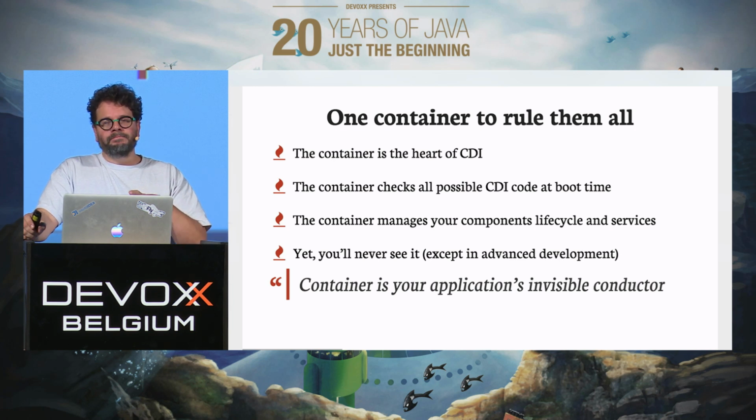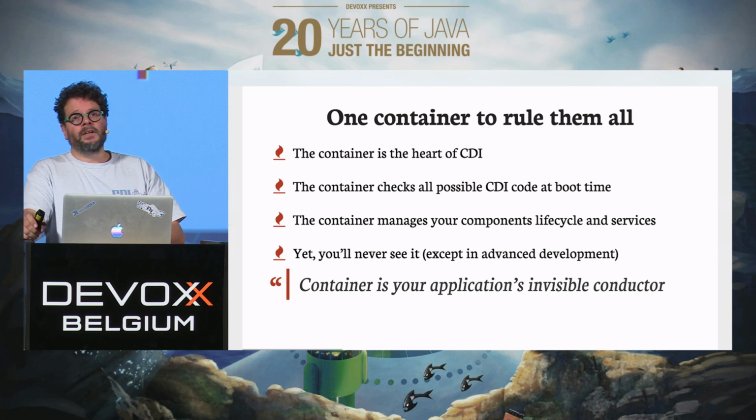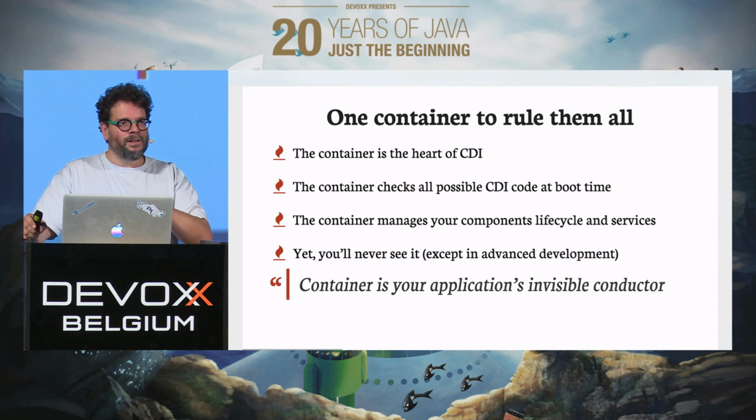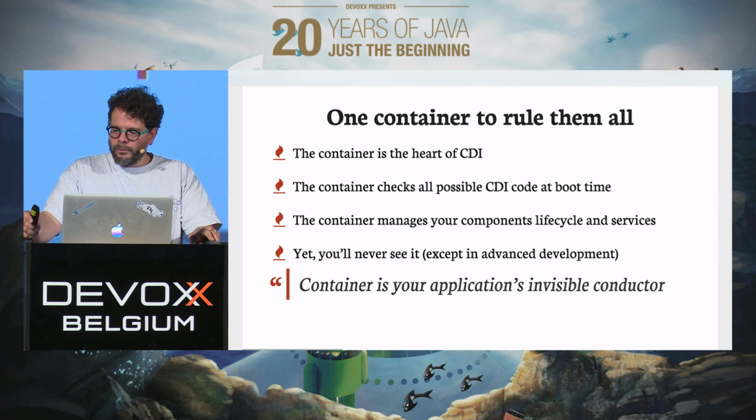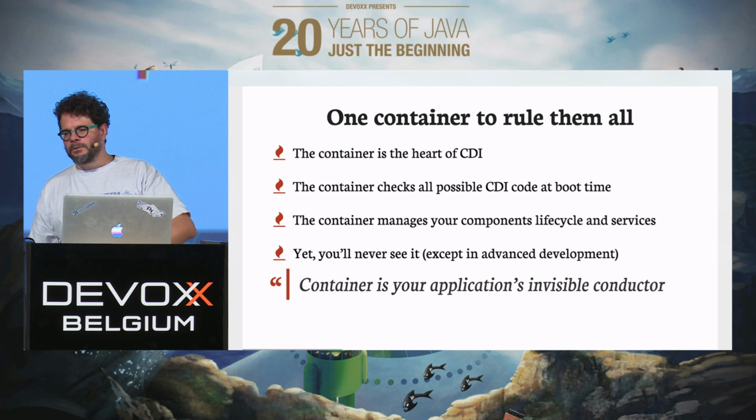But unless you're doing a portable extension and add-on things, you will never see the container. So it's something invisible that does magic things for you. It manages the life cycle of your components, and it's a kind of conductor for your application. So that's for introducing CDI.